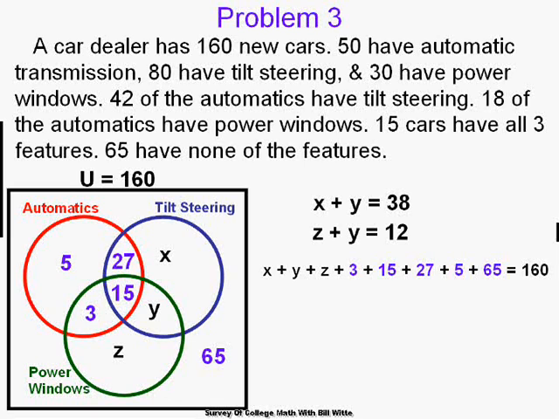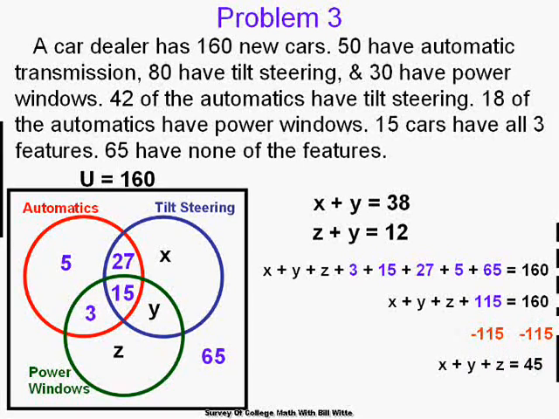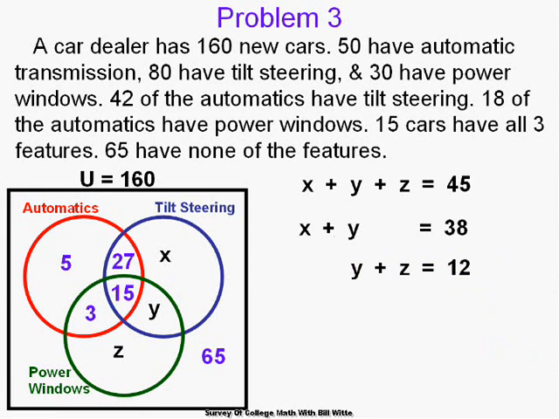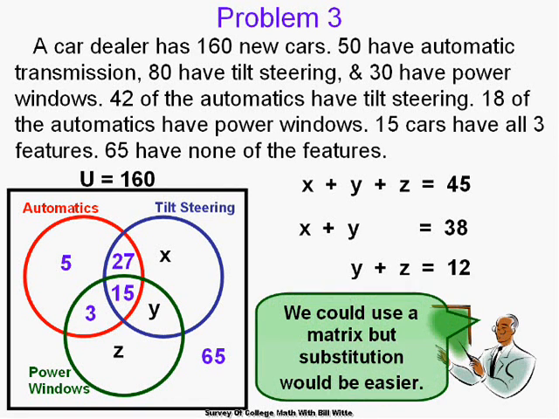So x plus y plus z, putting all those numbers together, plus 115 has got to equal my universe. Let's subtract 115 from both sides. And x plus y plus z will have to be 45. Now I have 3 equations. And I can solve those 3 equations.